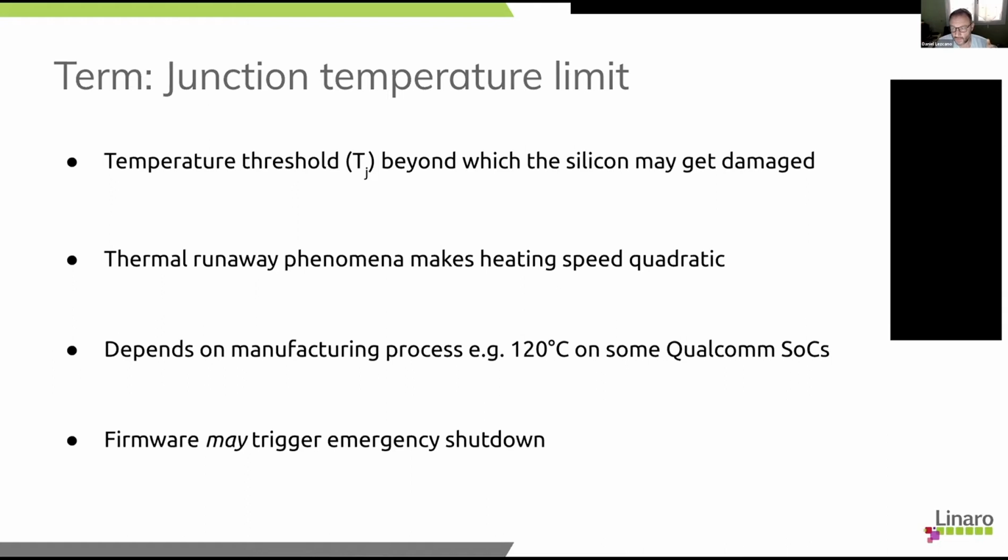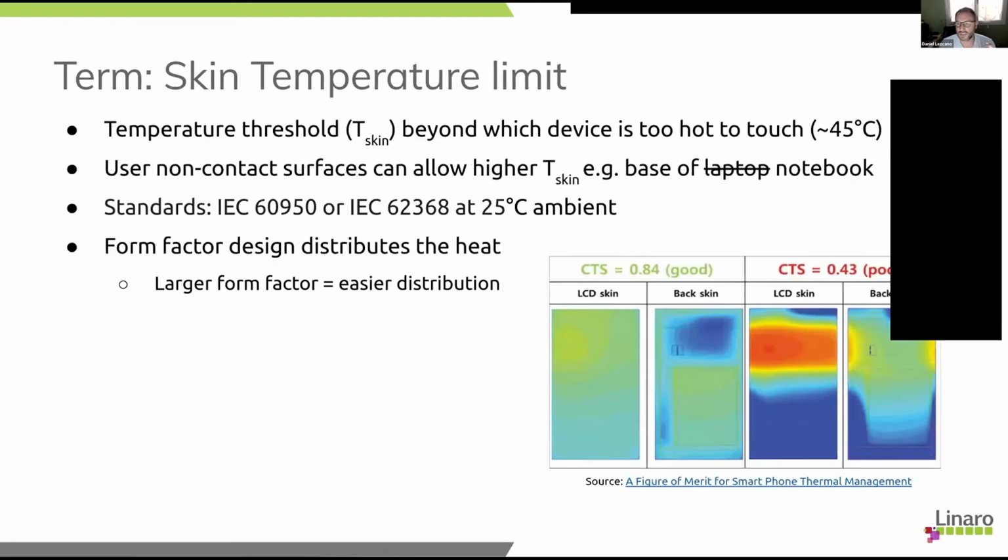So it's a bad thing to cut off and shut down the system immediately. We try to handle that first from the kernel side, and then the mitigation happens. Then we have the skin temperature. The skin temperature is the resulting temperature at a specific place that is supposed to be in contact with your skin.